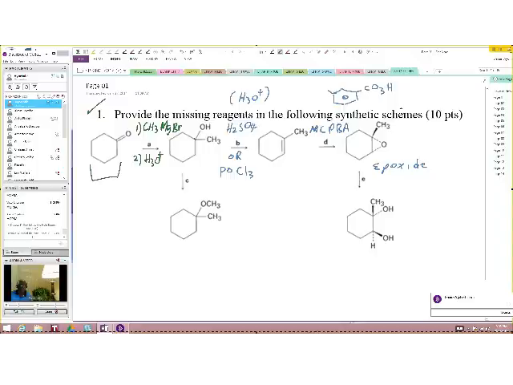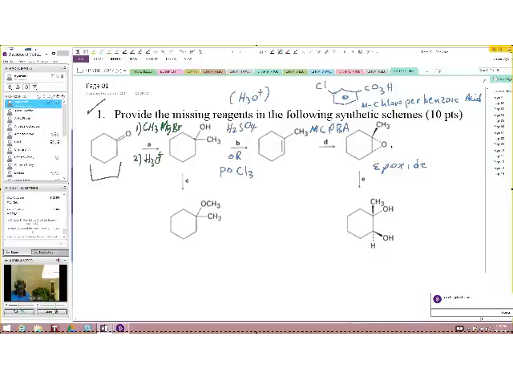So we call this molecule meta-chloroperoxybenzoic acid. So that is how we got the acronym MCPBA. Very good. And this reagent here is an excellent reagent for converting a carbon-carbon double bond to an epoxide.